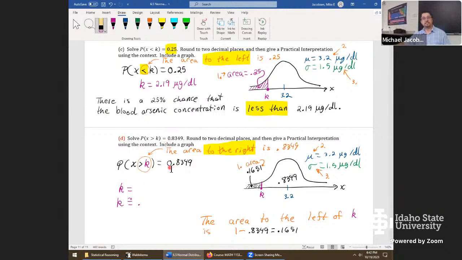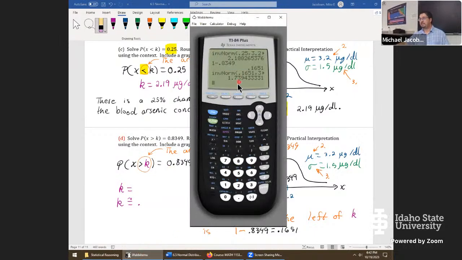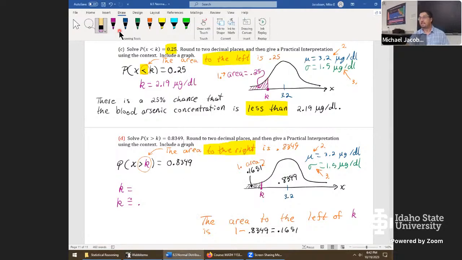I think it's when I try to put in a 0 point, and then sometimes I don't put it in. It was a 1.7394. Thanks for spotting that. 1.739, which will totally change our rounding on this one. To 2 decimal places, we'll round up to 1.74.